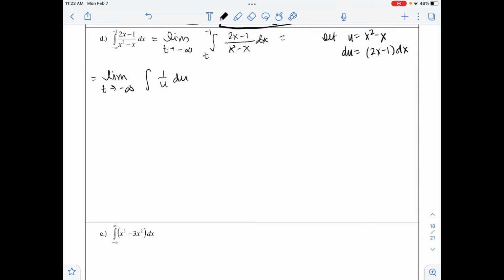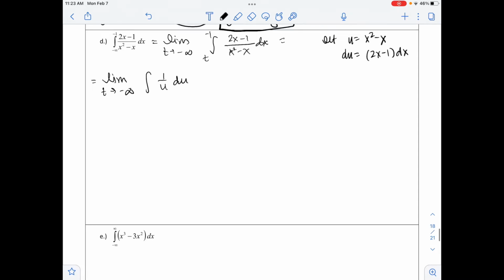And so we have to now change our limits of integration. Our upper limit of integration is going to be negative 1 squared minus negative 1, which works out to being 2. And then our lower limit of integration is going to be t squared minus t.